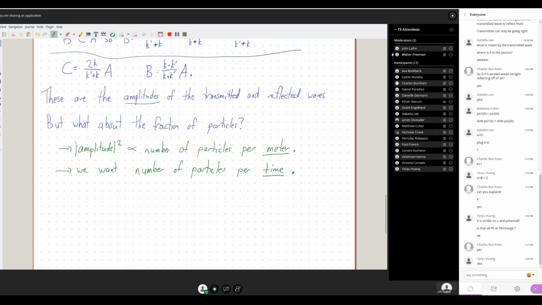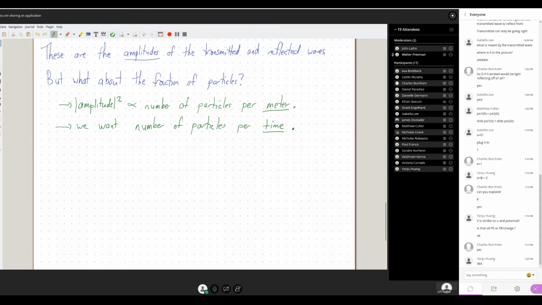All right, I'm back. How do I convert from knowing a quantity per meter to a quantity per second? Let's write it this way. Number per meter multiplied by something equals a number per second.